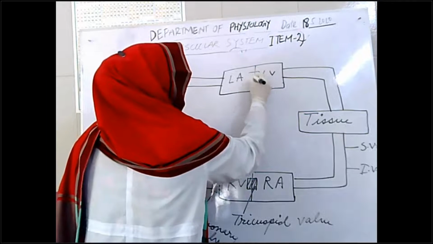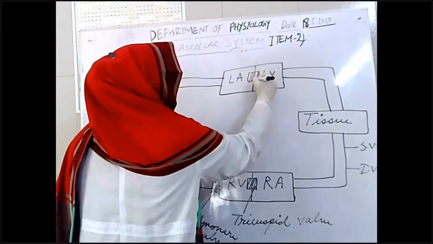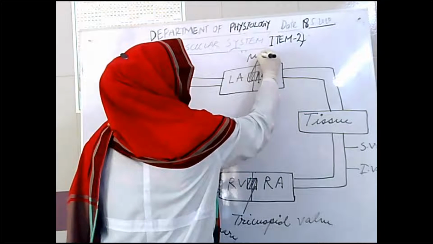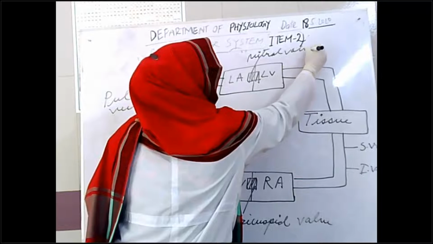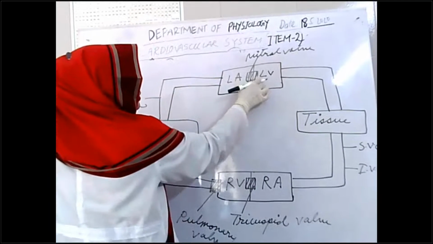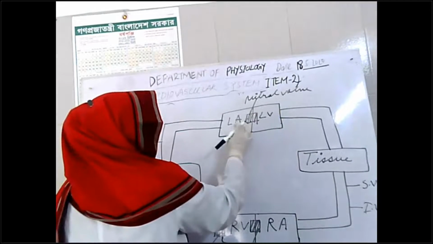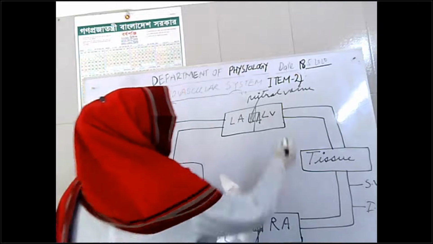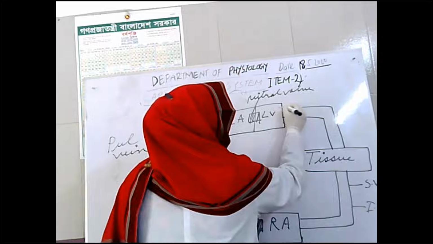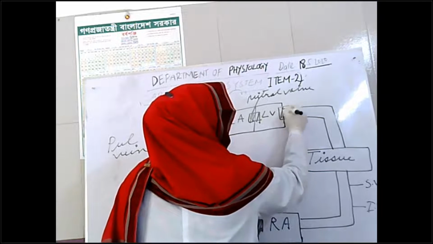Here, another valve is present. This is called mitral valve. It is also an atrioventricular valve, present between left atrium and left ventricle. Now, from left ventricle, another valve is present here.